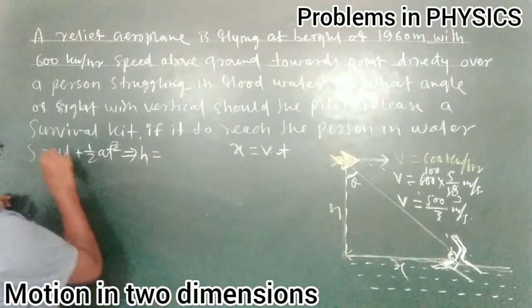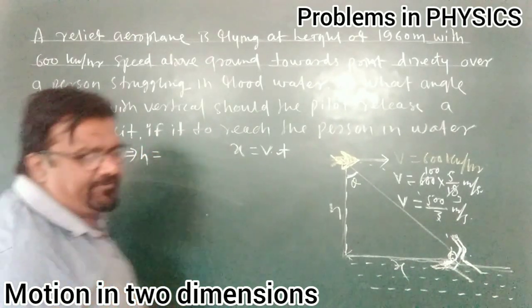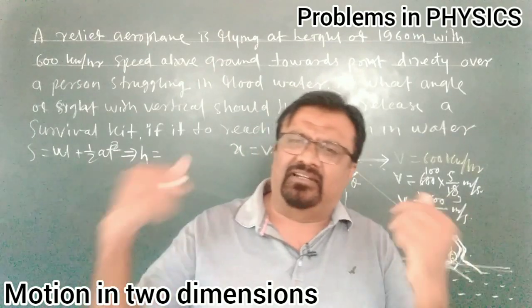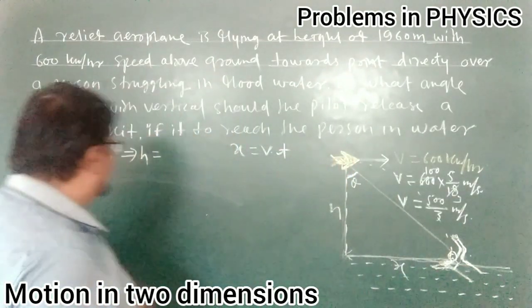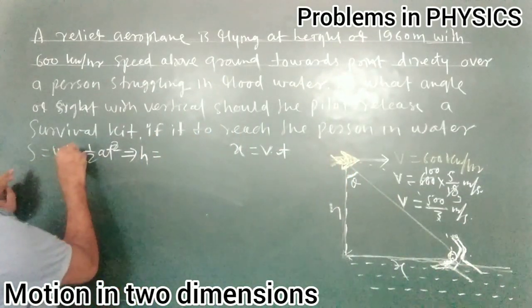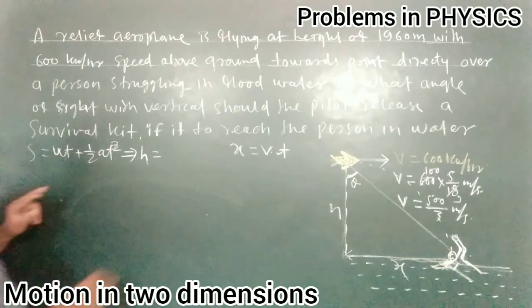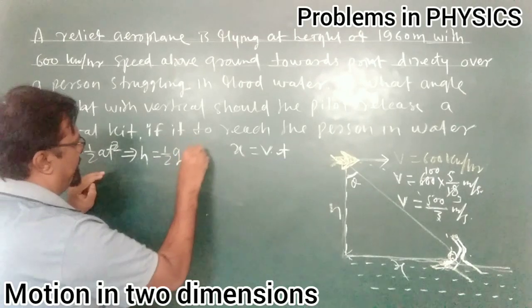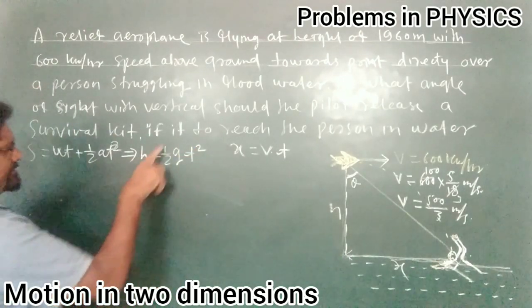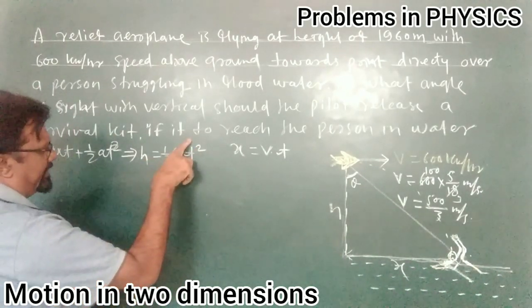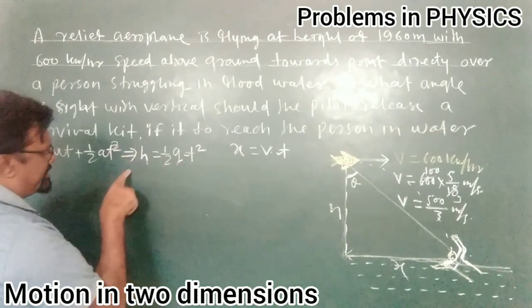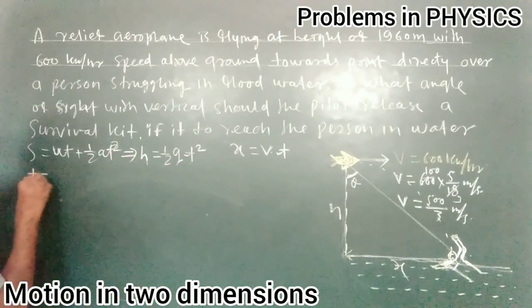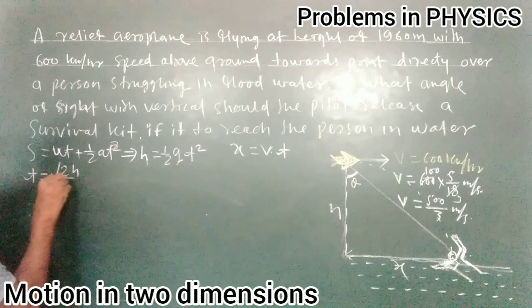The initial speed of that survival kit must be equal to 0, because the pilot just released that, and therefore we ignore the u into t because u is 0, plus half of a, which is nothing but g, and then there will be t square. So h is equal to 1 by 2 g into t square, so t square must be equal to twice h upon g, and therefore you can write t is equal to under root twice h upon g.